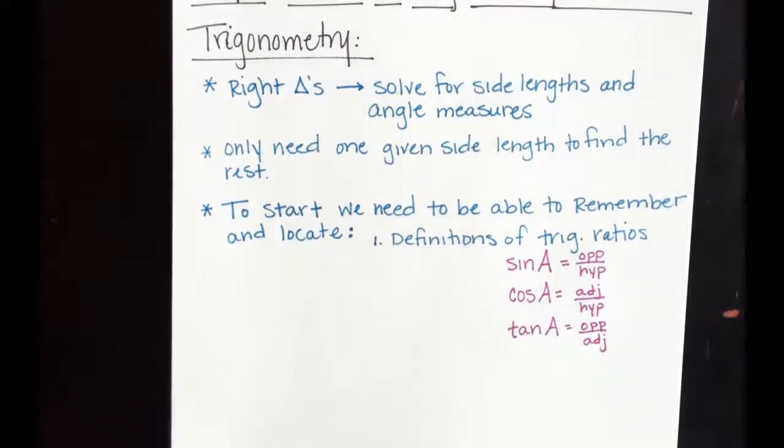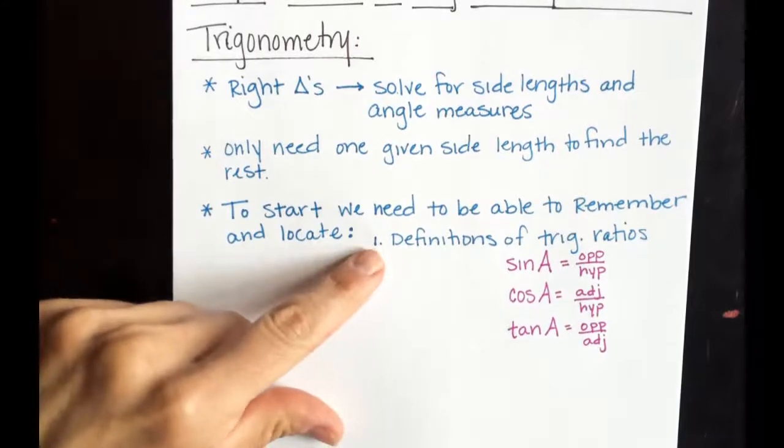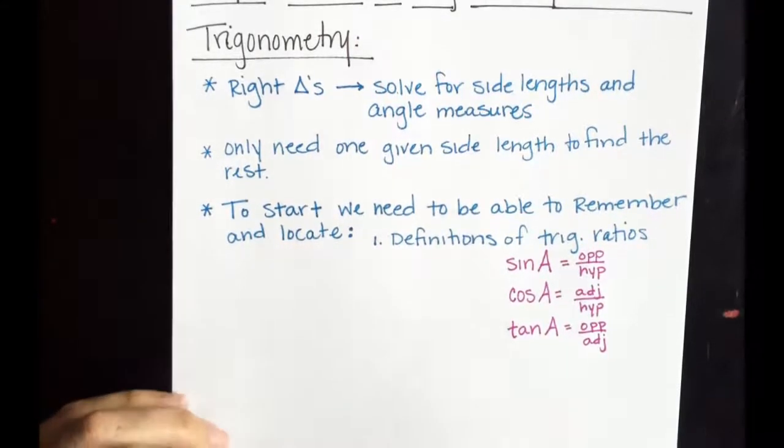So again, this is just an overview. We're going to go through this in depth. But that's the first thing that we're going to want to make sure is that we do master the definitions.